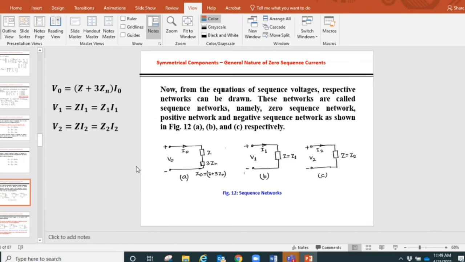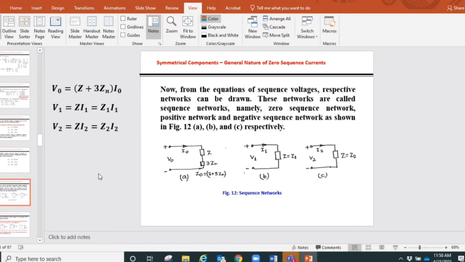So from the equations we will have to draw the diagrams. We have V0 equal to (Z + 3Zn) times I0, V1 equal to Z1 times I1 with Z1 equal to Z, and V2 equal to Z2 times I2 with Z2 equal to Z, the phase impedance. From there we draw sequence networks, and in this case there will be 3 networks, corresponding to the 3 sequence components: positive, negative, and zero.